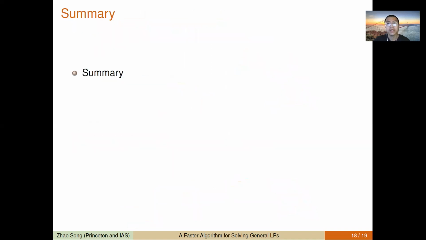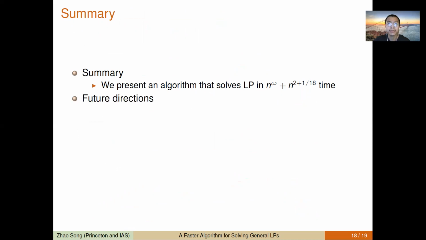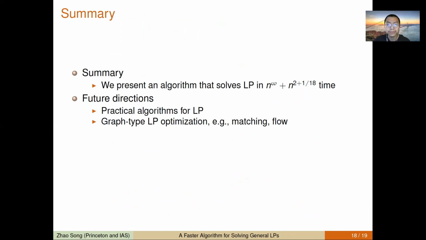Now let me give you some summary. In today's talk, we presented an algorithm that solves LP in n to omega time plus n to 2 plus 1 over 18. There are many interesting future directions. For example, can we apply our ideas in practice to get some practical algorithm for LP?